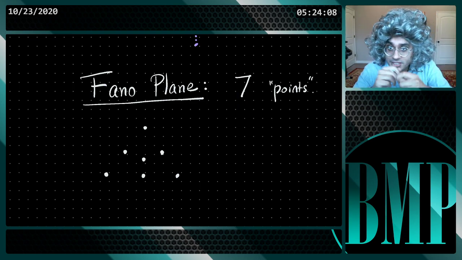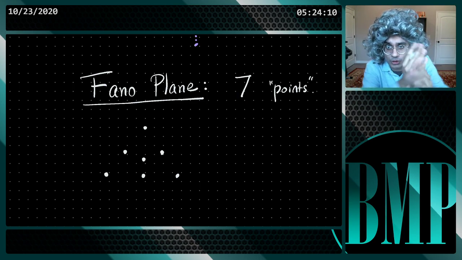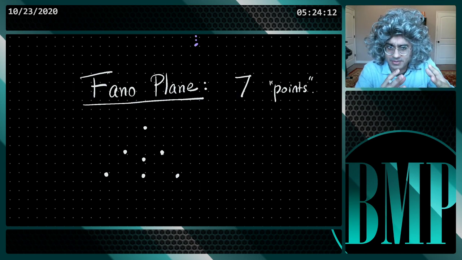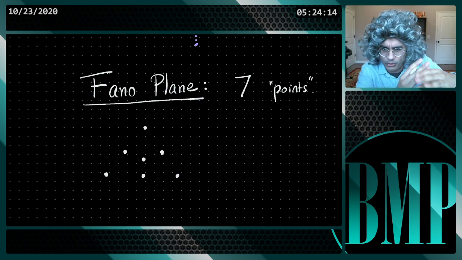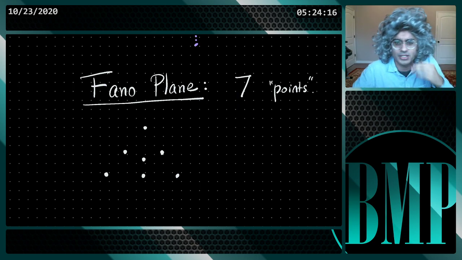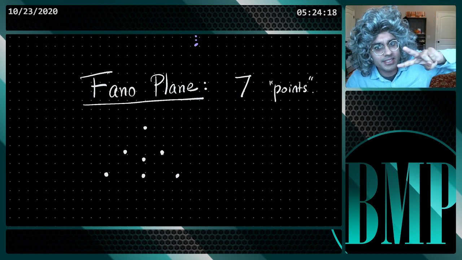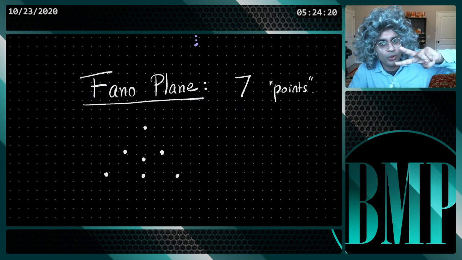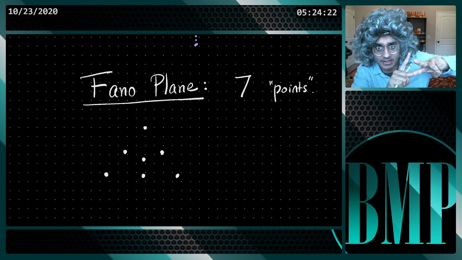The lines are just certain subsets that have to obey some axioms. Like they can only meet at one point at most, and so on. And 2 points can only lie on one line.